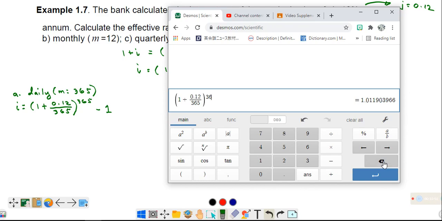Teka lang. Power of 365 minus 1. So you will end up with 0.127474.